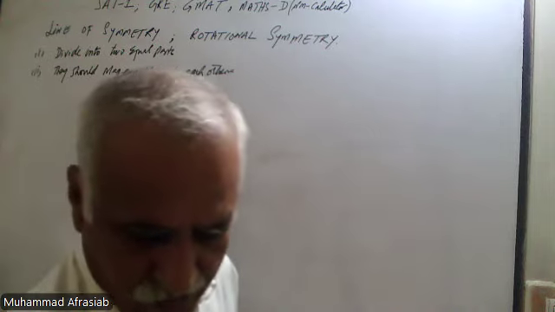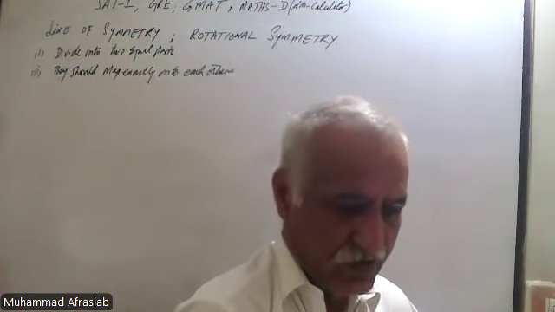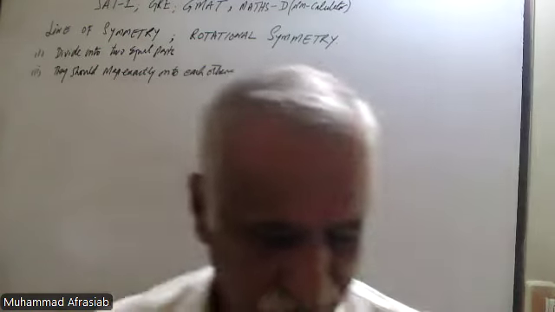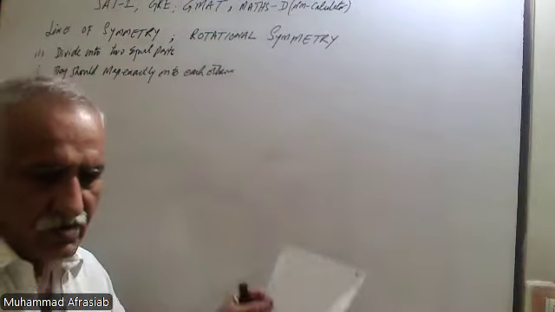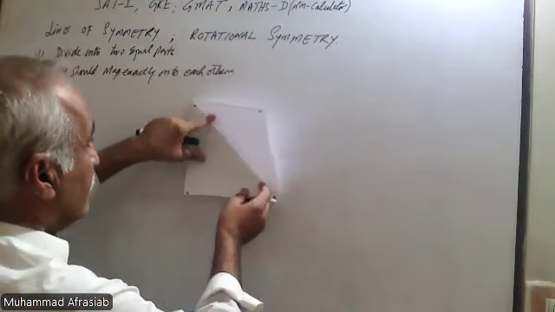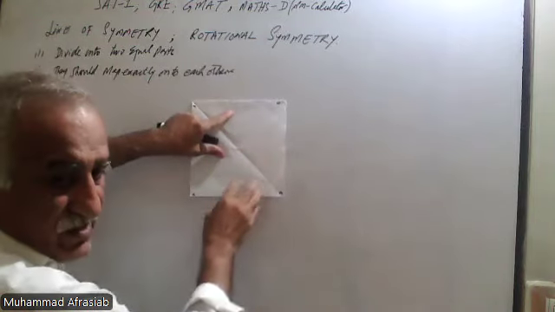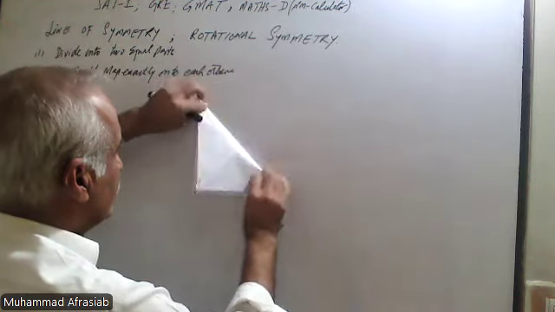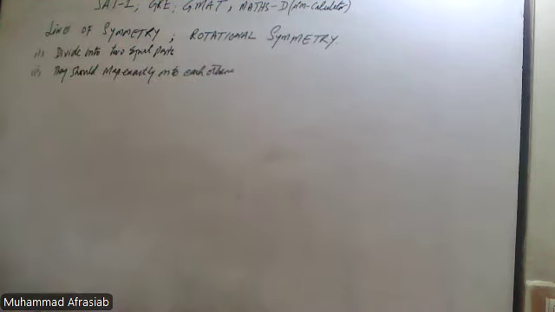Now we take the example of this simple square. So this is the shape of that square, which is A, B, C, D. So if you divide it through this diagonal, let's say we first make it on this board.